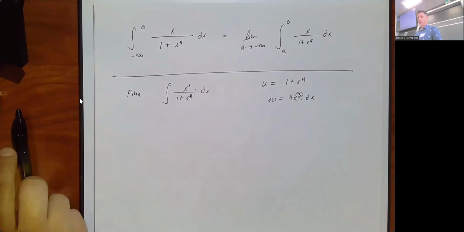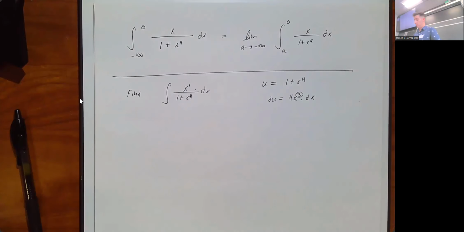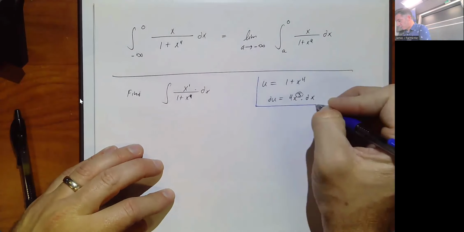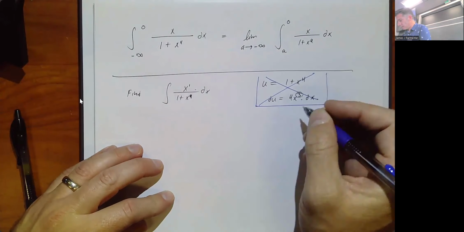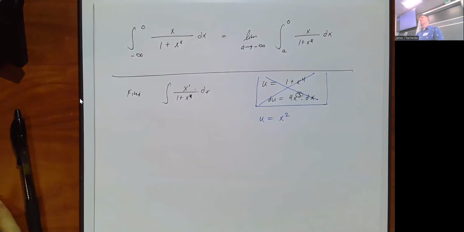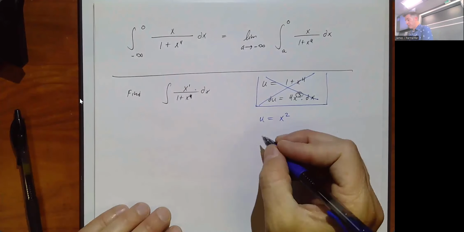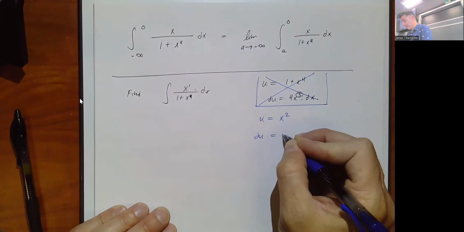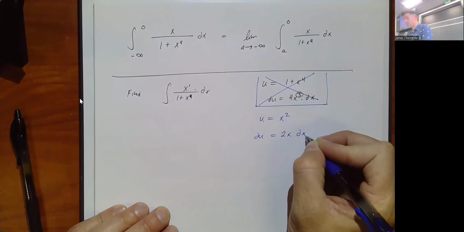Here's the choice that you actually need to make here. It's not super intuitive the first time you learn it, but the actual choice we're going to make is to let u equal x squared. There are actually 2 good reasons for this. The most important reason is that the derivative of u is showing up.